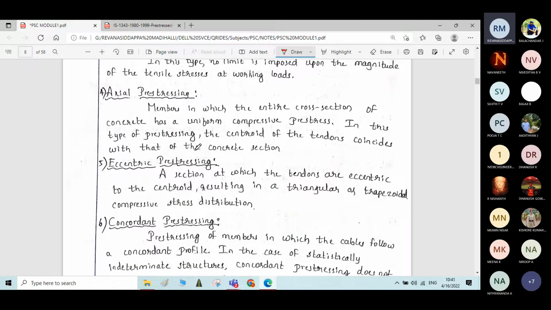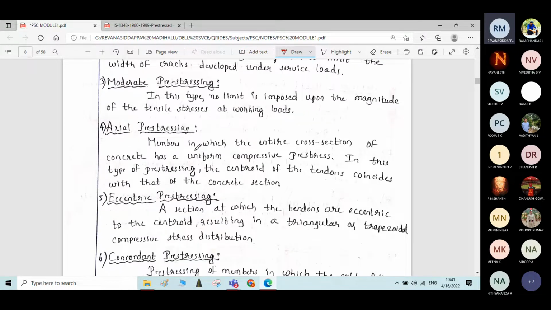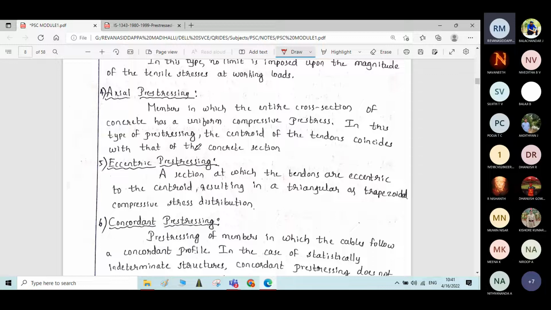Then coming to the next type of prestressing, that is axial prestressing. Axial means what?